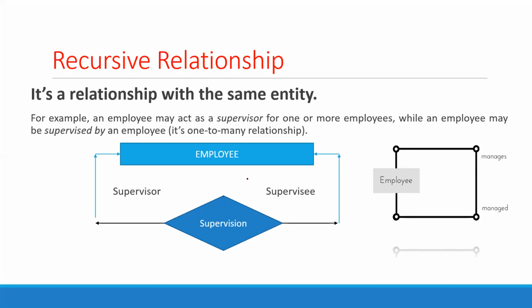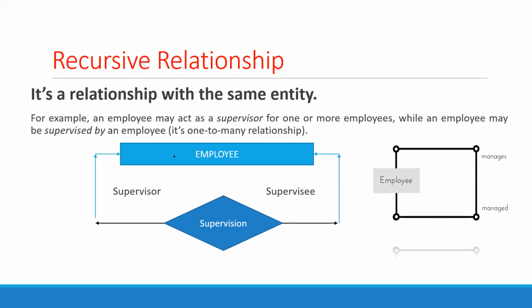Here you can see from this picture: supervision, employee. Suppose we have a college with a lot of employees. Employees are supervised by another employee. Normally we can say the principal supervises the faculty. Supervisors are faculty, supervisor is principal, and both are employees.